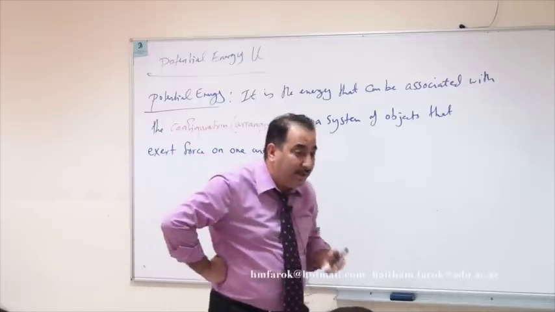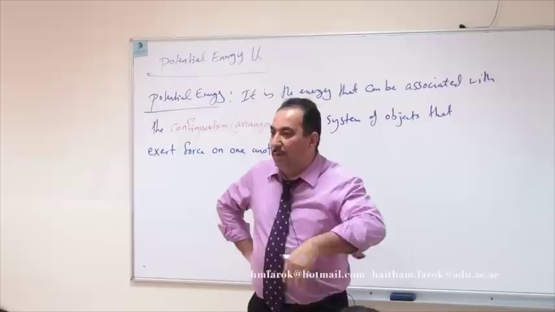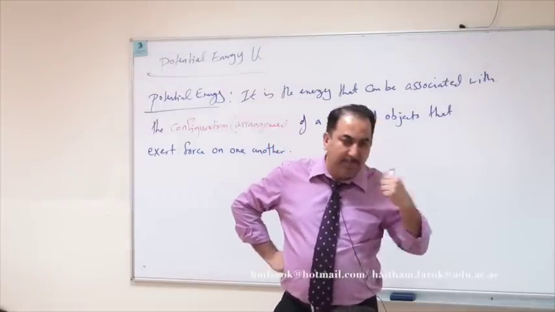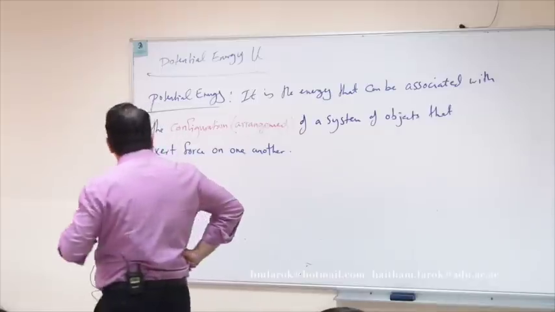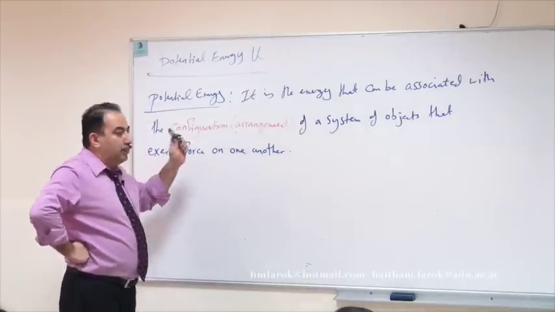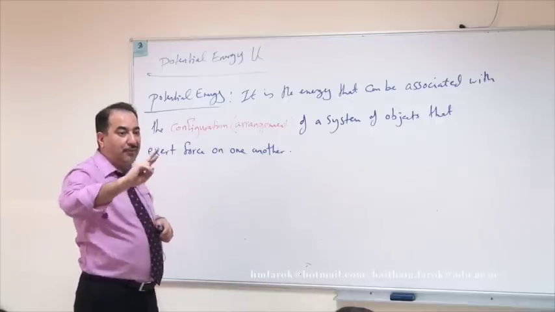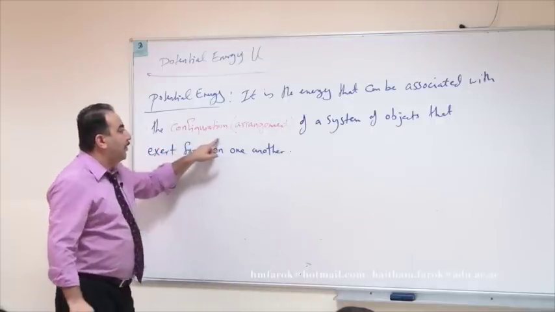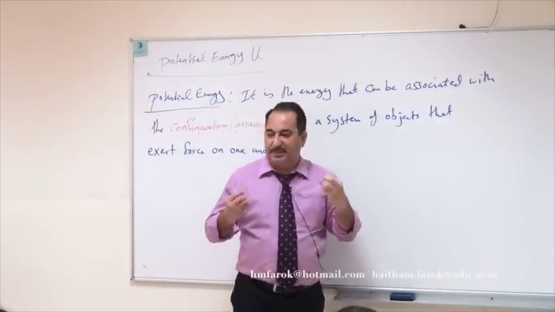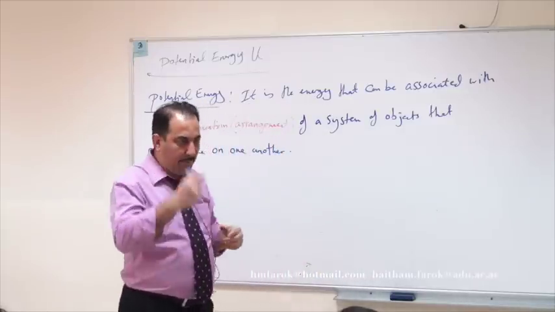I know kinetic energy is energy to do with motion. When an object moves, it has kinetic energy. But what is this energy? From the definition, to have it, you have to have two things. You have to have an arrangement of objects, meaning masses, number one.